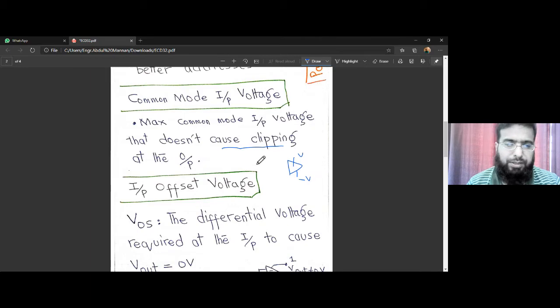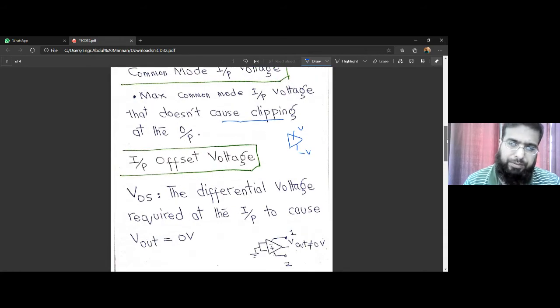The common mode input voltage should be smaller than the supply voltage so that we don't have any clipping at the output. So it's also a parameter, a term that we use for operational amplifiers.